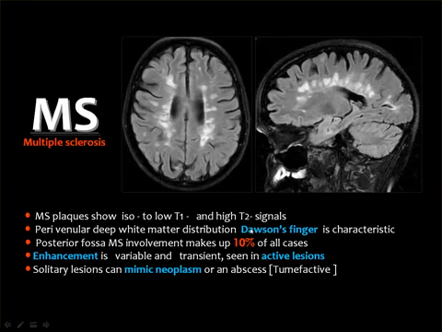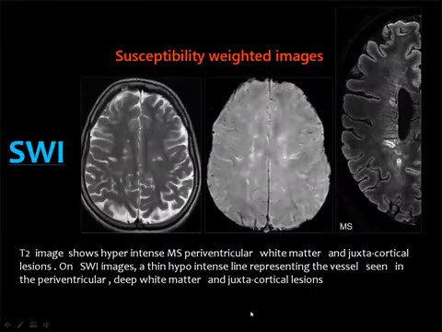Posterior fossa involvement occurs in about 10% of the cases. The enhancement with contrast is related to the activity of the lesion, and sometimes the lesions are big, mimicking a neoplasm, which is known as tumefactive MS, as we will mention.